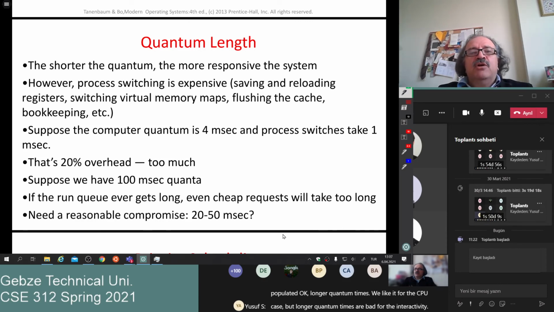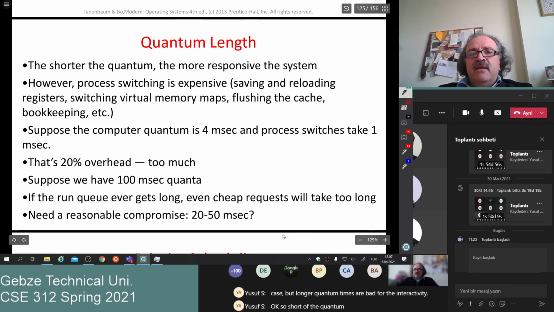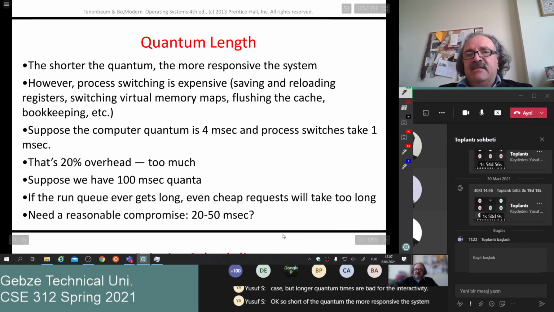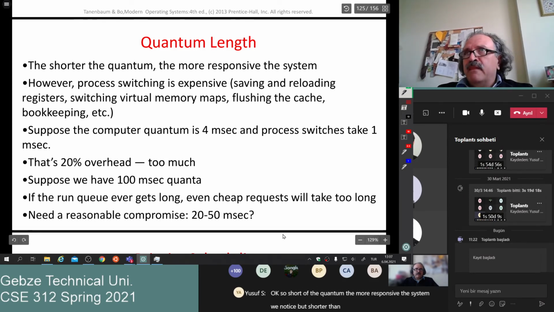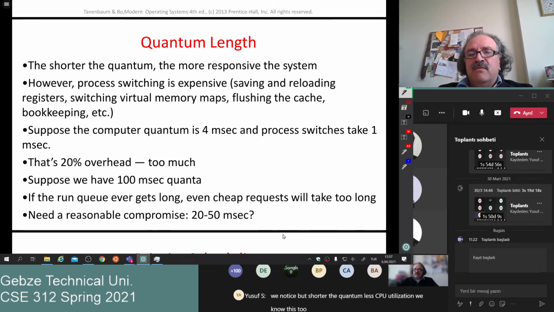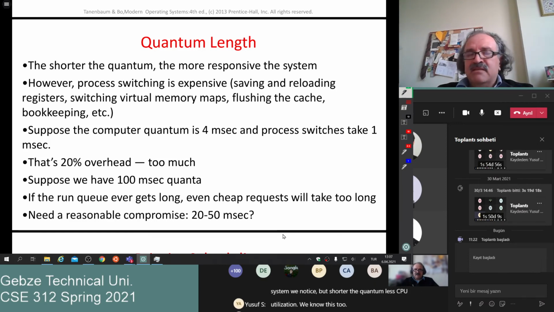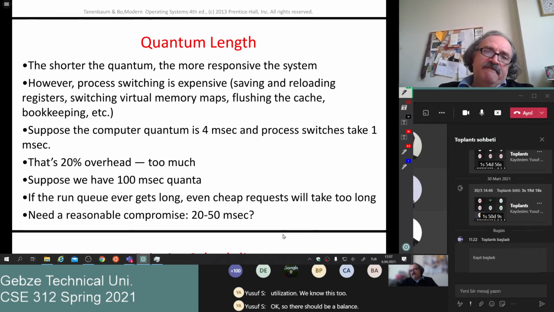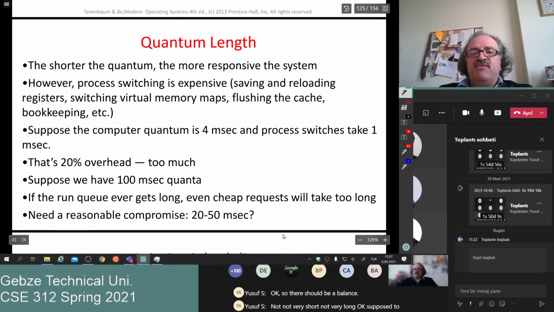So the shorter the quantum, the more responsive the system. We know this. But the shorter the quantum, the less CPU utilization. We know this too. So there should be a balance: not very short, not very long. Suppose the quantum is 4 milliseconds and the process switch takes 1 millisecond.